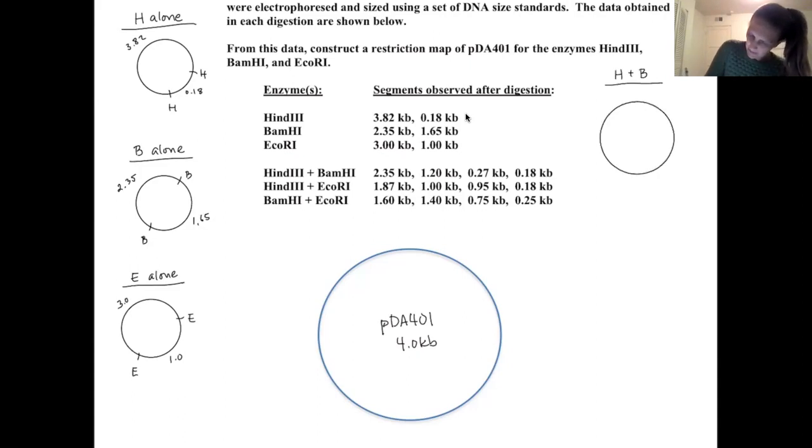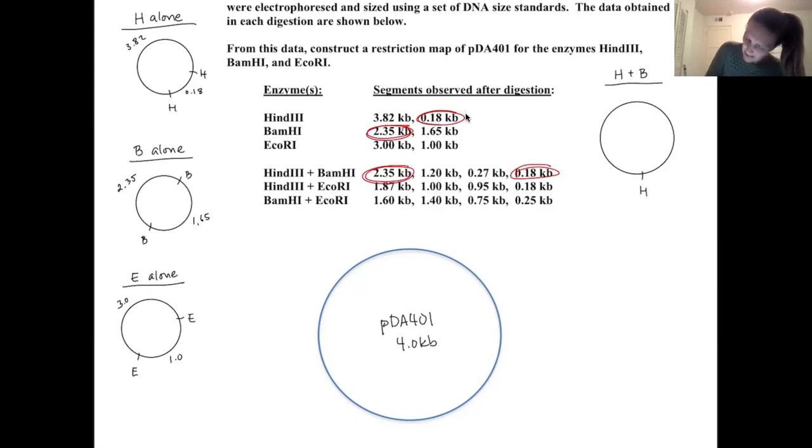All right. And what I'm going to look for are any fragments that are shared between them, right? So what I notice right away is this 1.18 is shared between those. And I also notice that our BAM, this 2.35, is shared between them. So that means that both of those cuts between them are conserved.